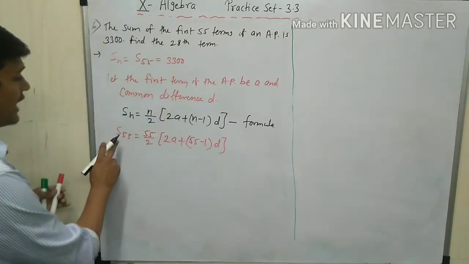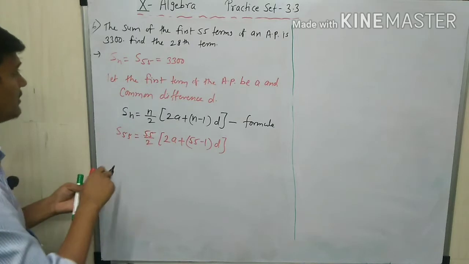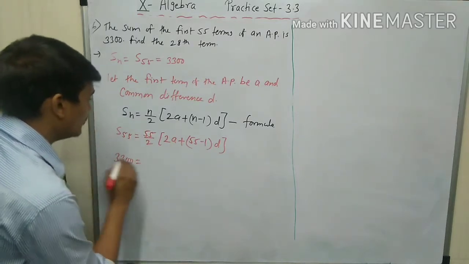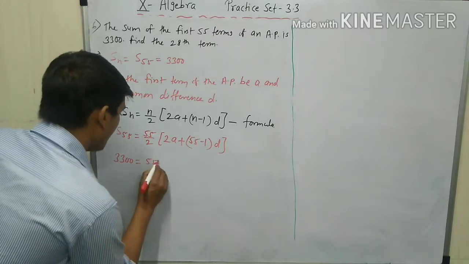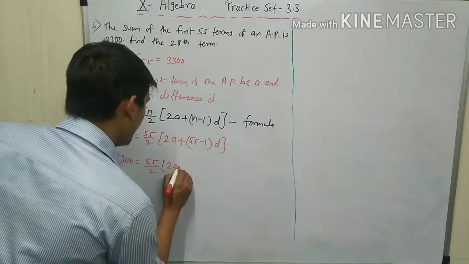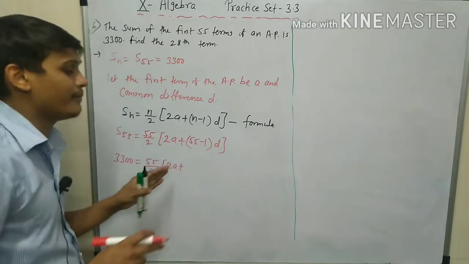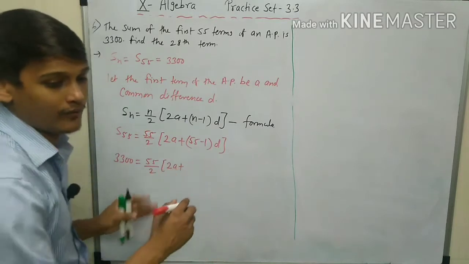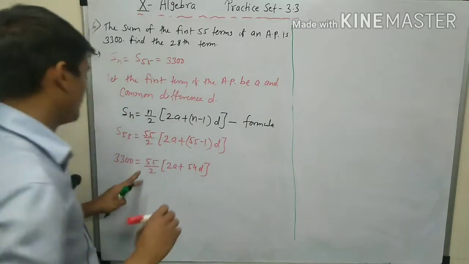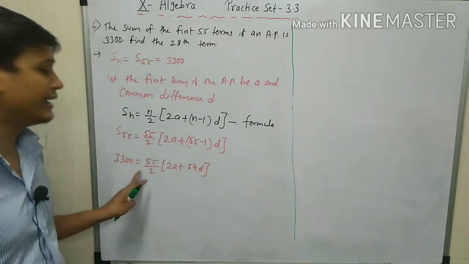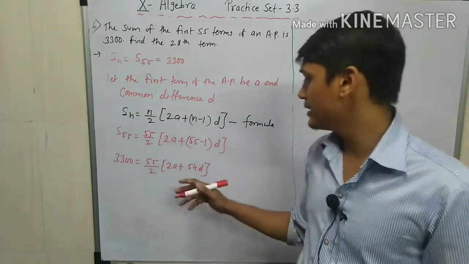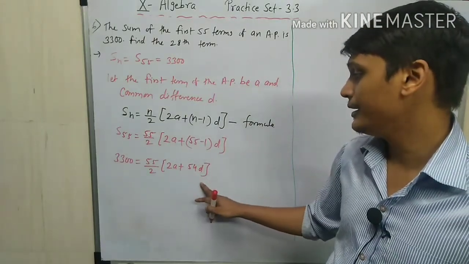Now the value of S55 is 3300. We can write here 3300 is equal to 55 upon 2, now in this bracket 2a plus, 55 minus 1 is 54, so 54d. So 3300 is equal to 55 upon 2, and there is the 2a plus 54d.